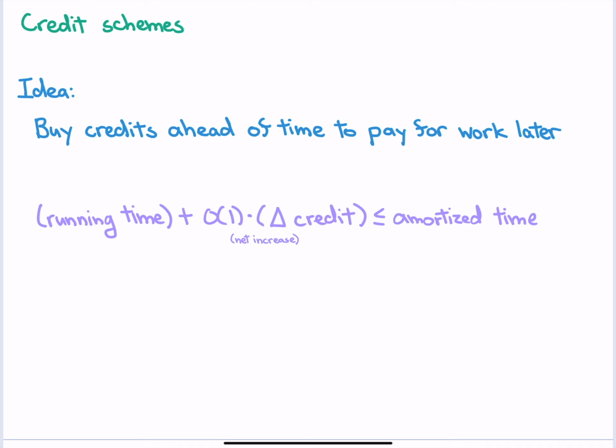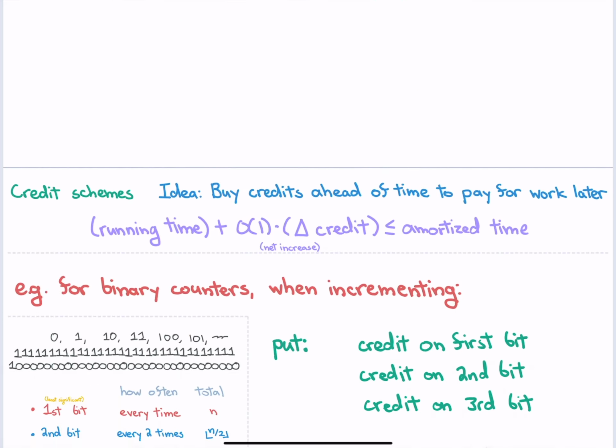So I'm hoping that by the time I get to the point where I need to flip 100 bits, I've already saved $100 in the bank that I can use to pay for flipping those bits. Okay, so let's see this.